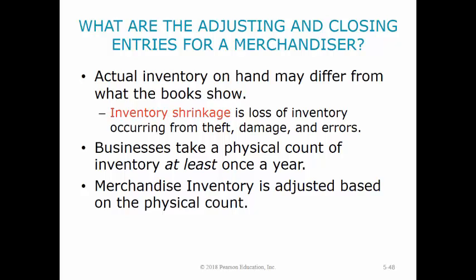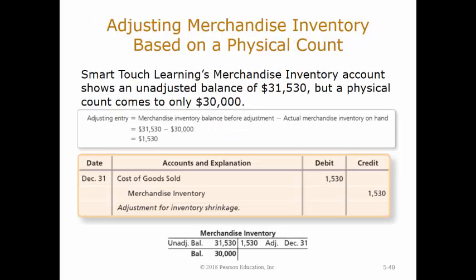Smart Touch Learning must record an adjusting entry to account for this lost inventory. Smart Touch Learning's merchandise inventory account shows an unadjusted balance of $31,530. With no shrinkage due to theft or error, the business should have inventory costing $31,530.